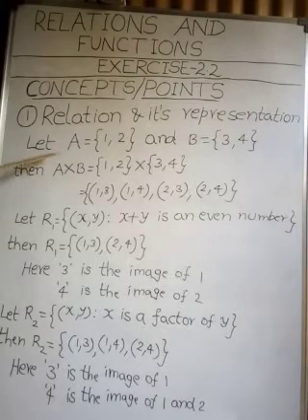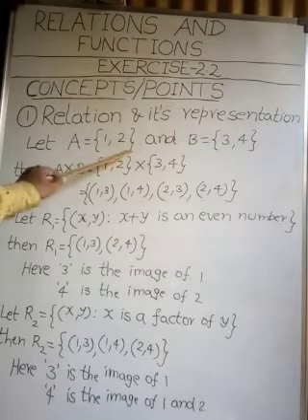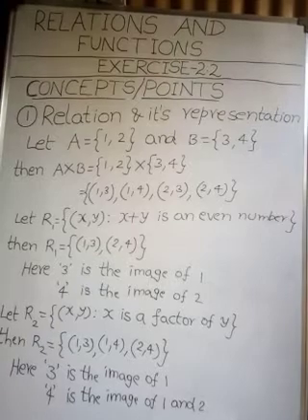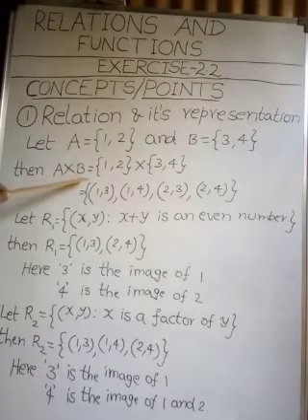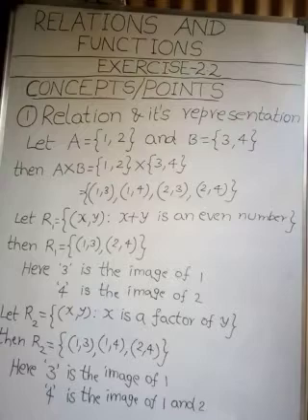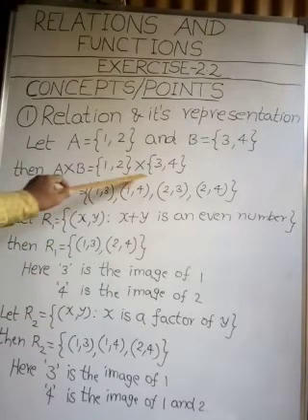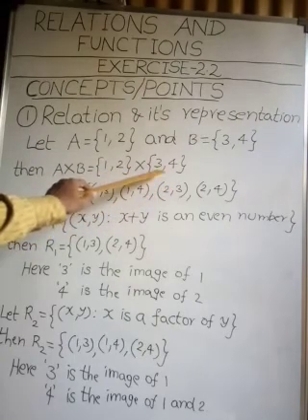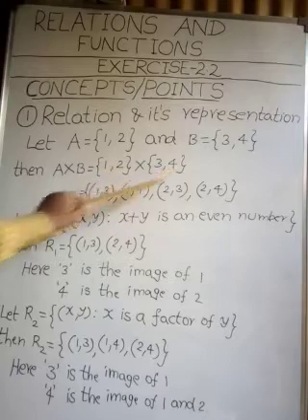See here, let A is equal to set 1, 2 and B is equal to set 3, 4. Okay, my dear children. Then A cross B. You know how to find the Cartesian product of these two sets. You have already learnt in exercise 2.1. Recall that previous knowledge here. So I wrote here set A cross set B: ordered pair 1, 3, ordered pair 1, 4.